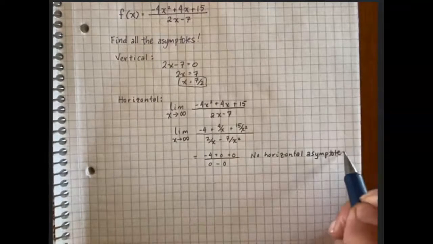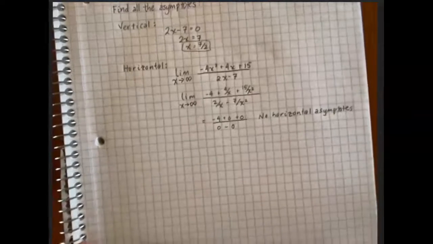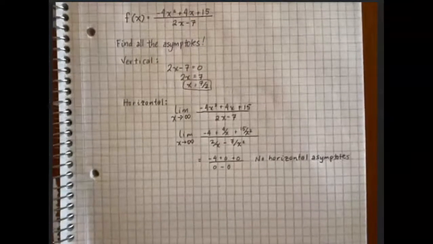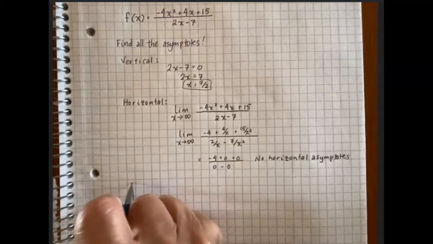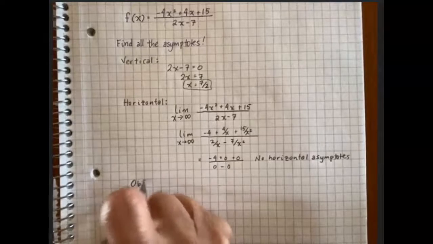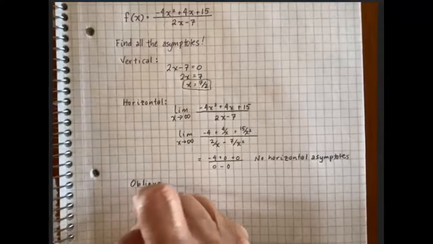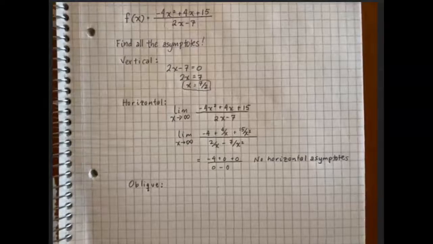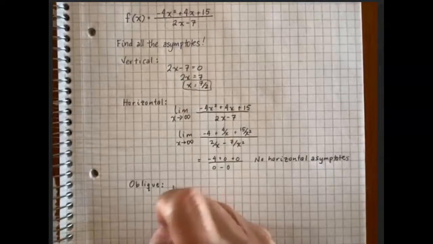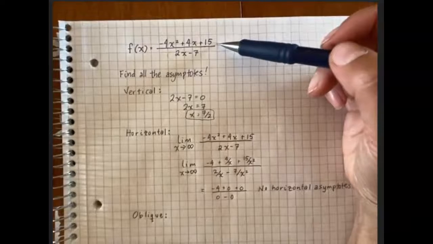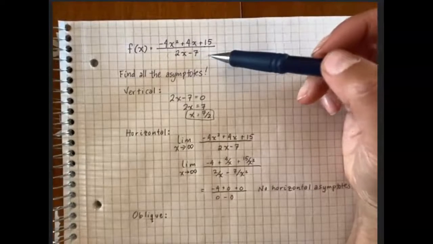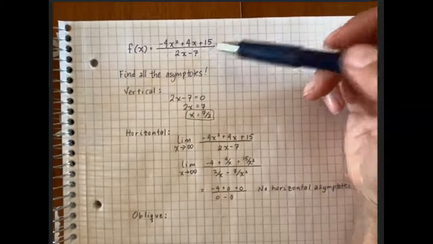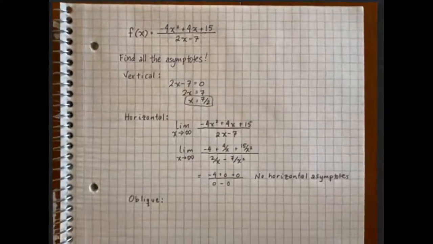So no horizontal asymptotes. And then finally the oblique asymptotes, which is new to us in this class. Oblique just means diagonal. All right. So the oblique asymptotes are when you have a numerator whose degree is 1 higher than the degree of the denominator. And we have that here, which is why I chose this example.